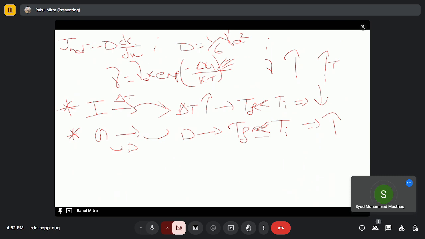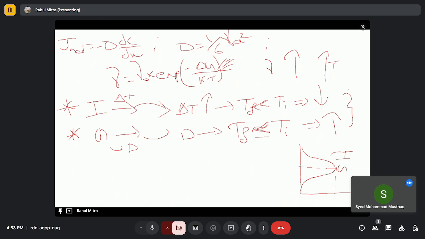So these both are contradicting each other. To maintain a perfect balance, we have a curve like this. So at this temperature, we have both higher nucleation rate and higher growth rate.